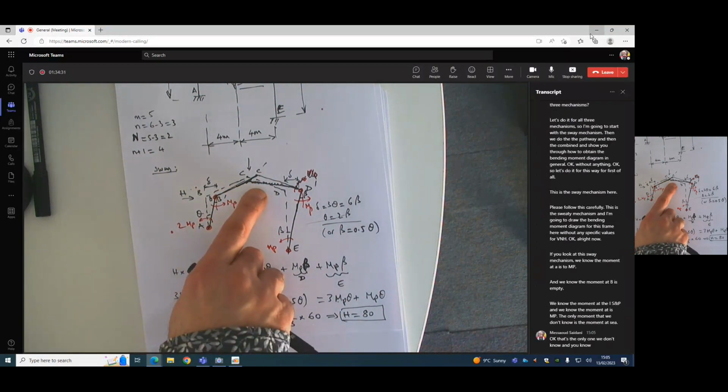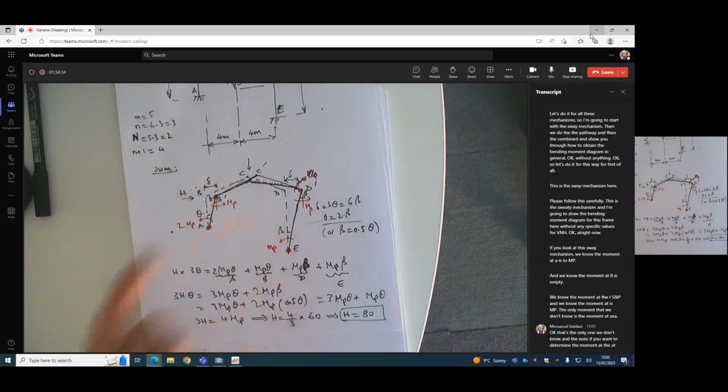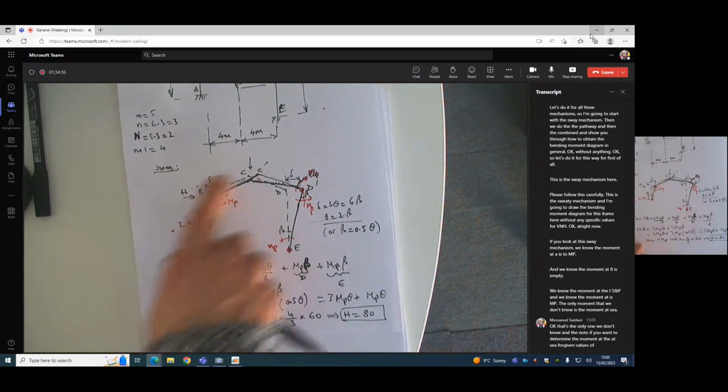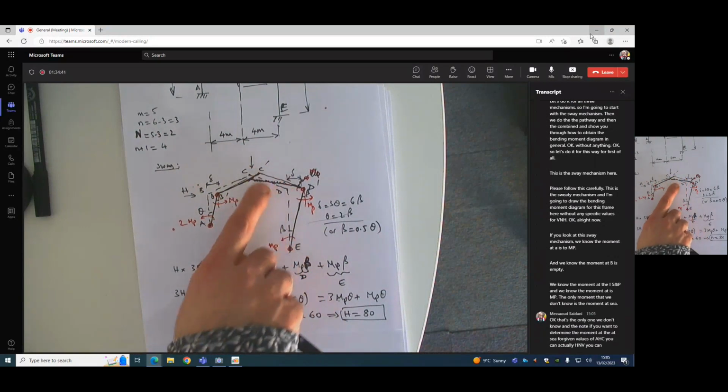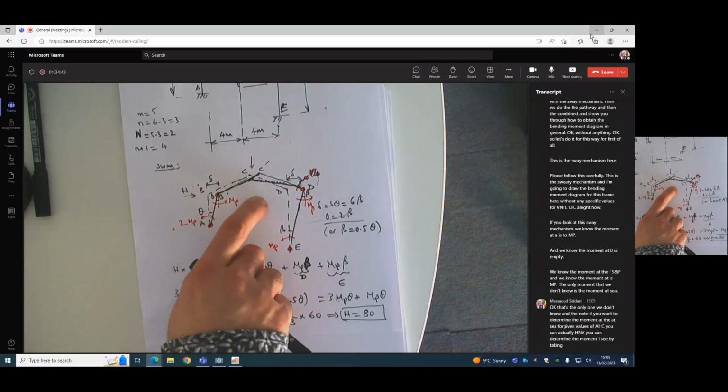And if you want to determine the moment at C, for given values of H and V, you can determine the moment at C by taking cuts, right?